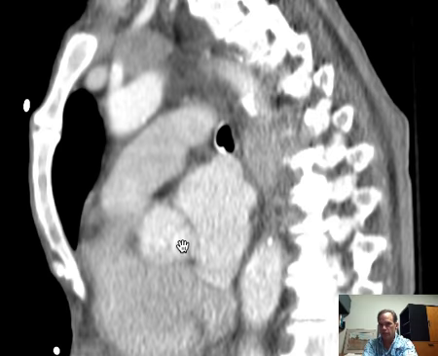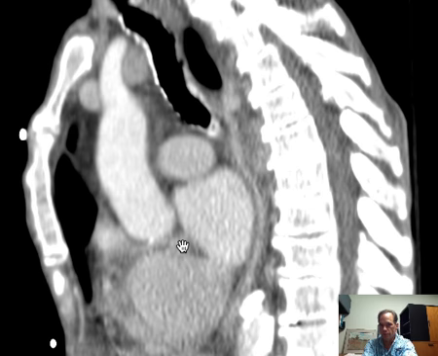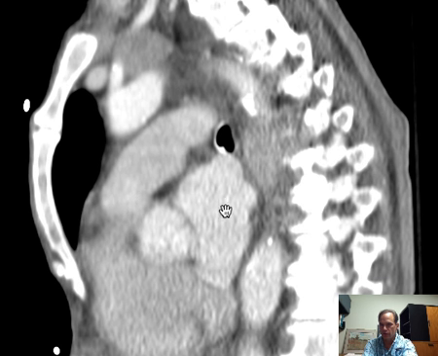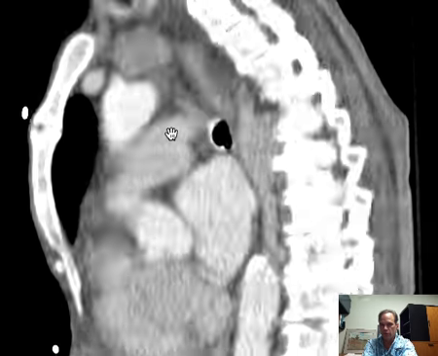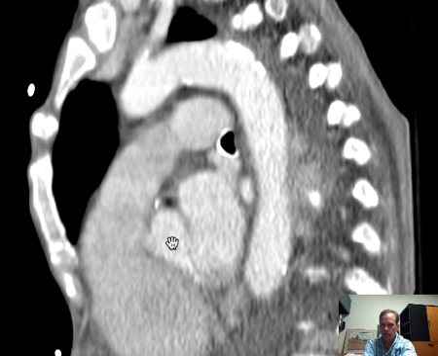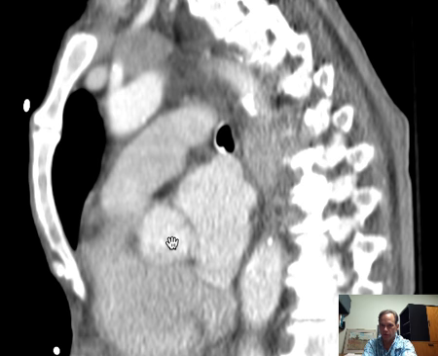Okay, this is a little tricky, but I'm going to hopefully bring it home for you. Here is the thoracic aorta coming out of the left ventricle. Here is the right ventricle giving the main pulmonary artery. The main pulmonary artery arises anterior to the proximal aorta, the ascending aorta.